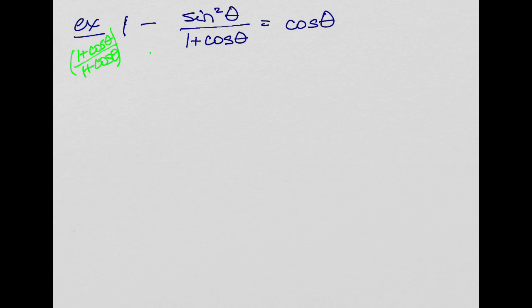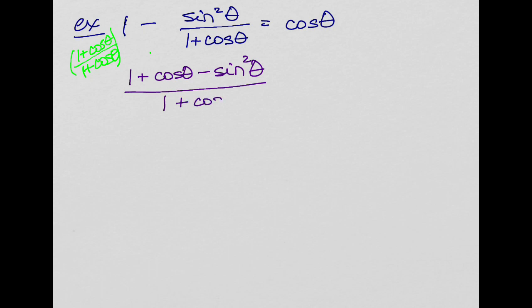So on the top now I have 1 plus cosine theta, and then minus the sine squared theta that was up there already, over our common denominator. Okay, I guess that's good. I'm down to one term instead of two.